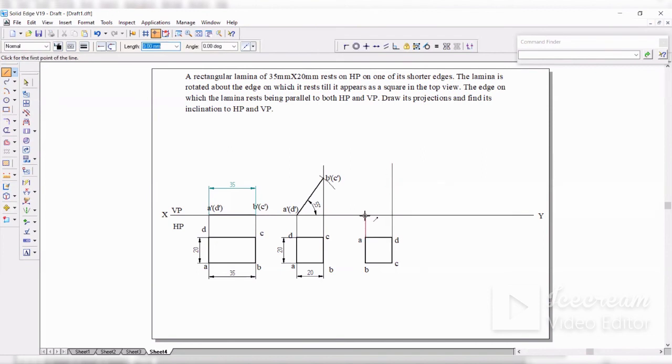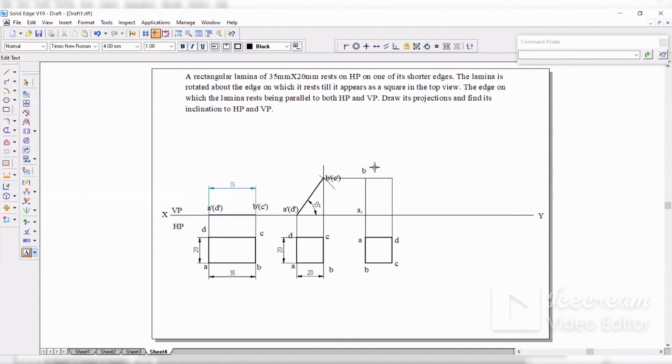Like this. And further you can draw lines from sideways as well. Now you can take trim and remove the unnecessary lines. Now here, this is A dash.